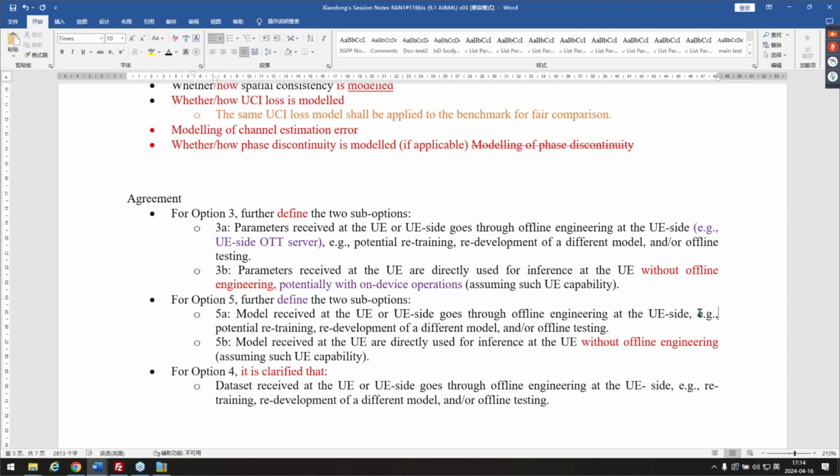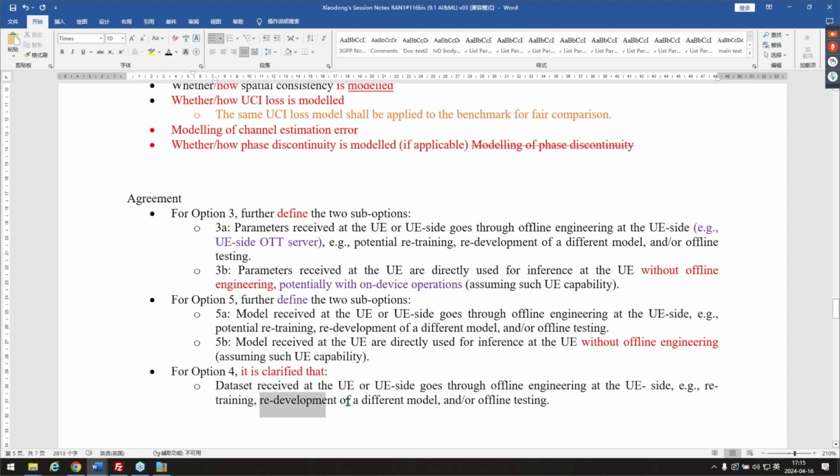Offline engineering at the UE side, e.g., model training and or offline testing. For option 4, the example given at the end, we can delete retraining, redevelopment of a different model. Instead, we can just say model training and or offline testing.